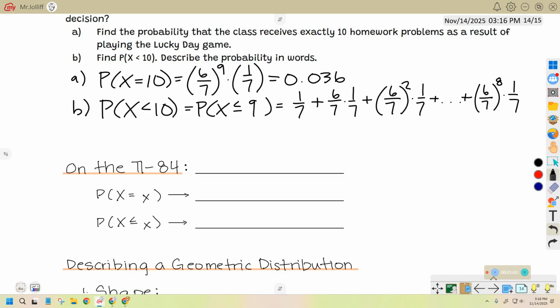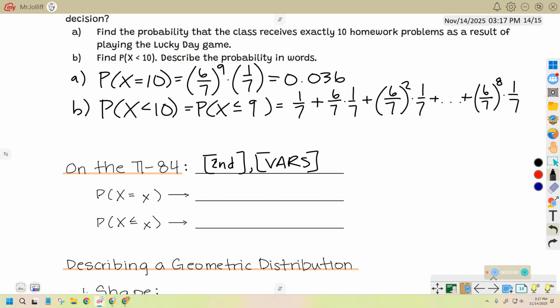And the question is, how do I get to the distribution menu on my calculator? Second and vars. Very good. Above the vars button in blue, it says DISTR, distribution.